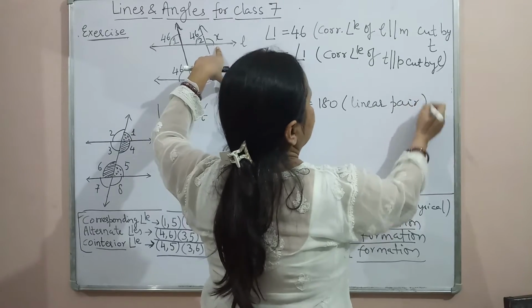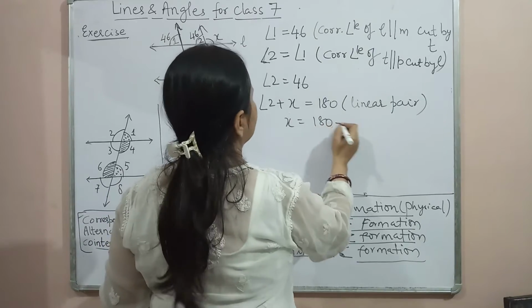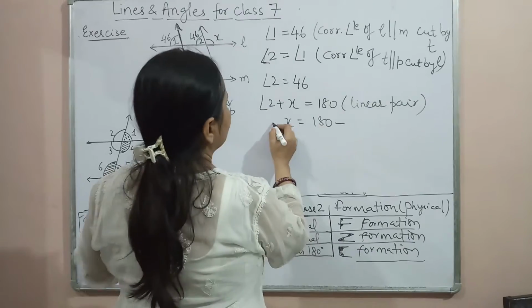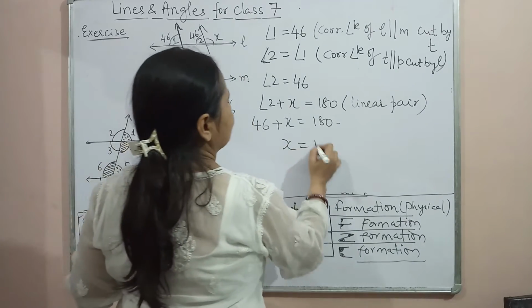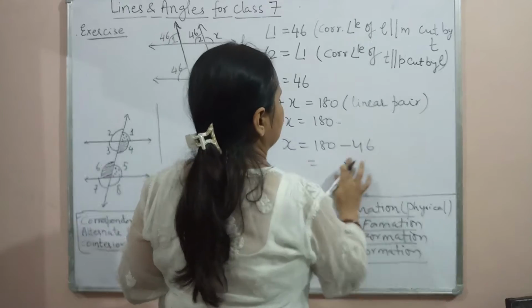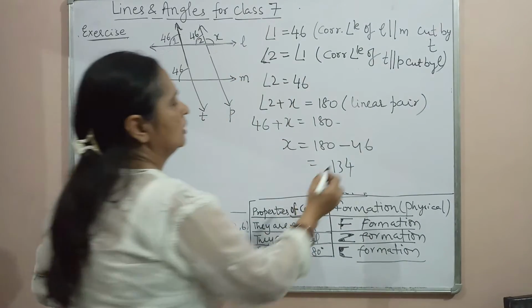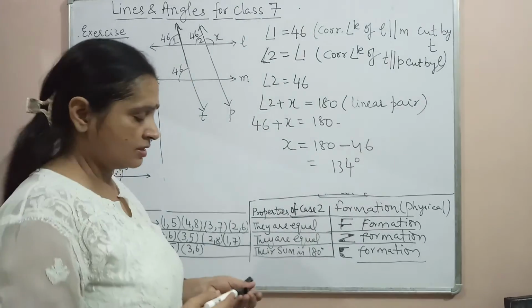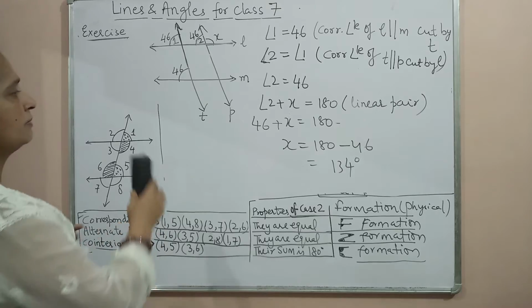Alright, and that means x is equal to 180 minus angle 2, that is 46. So the value of x is 180 minus 46, which is 134. So this is the value of x. This was question number 3.